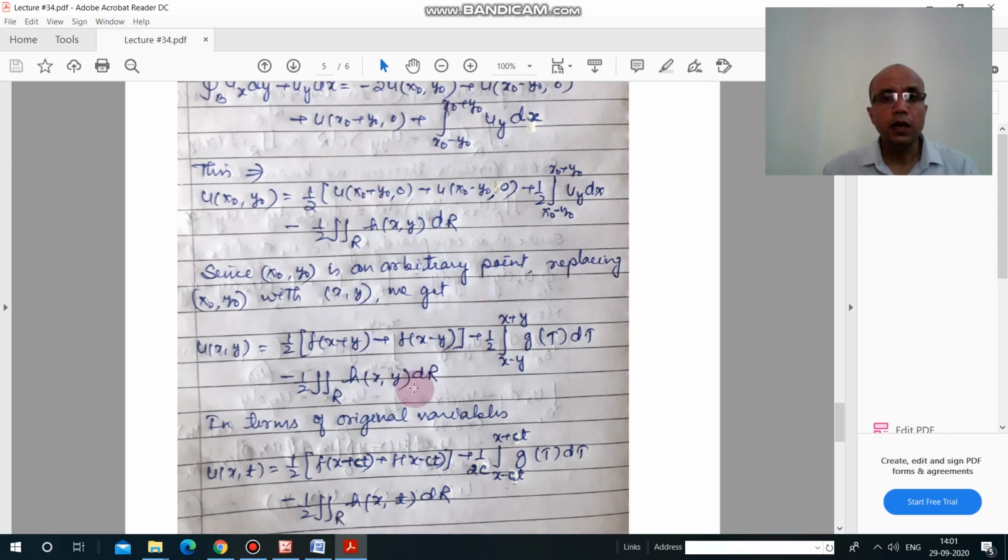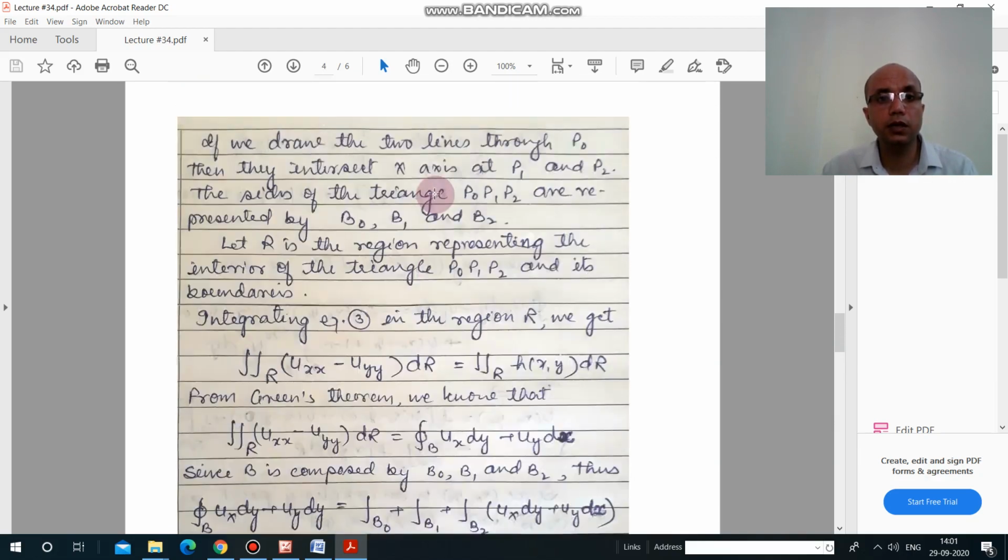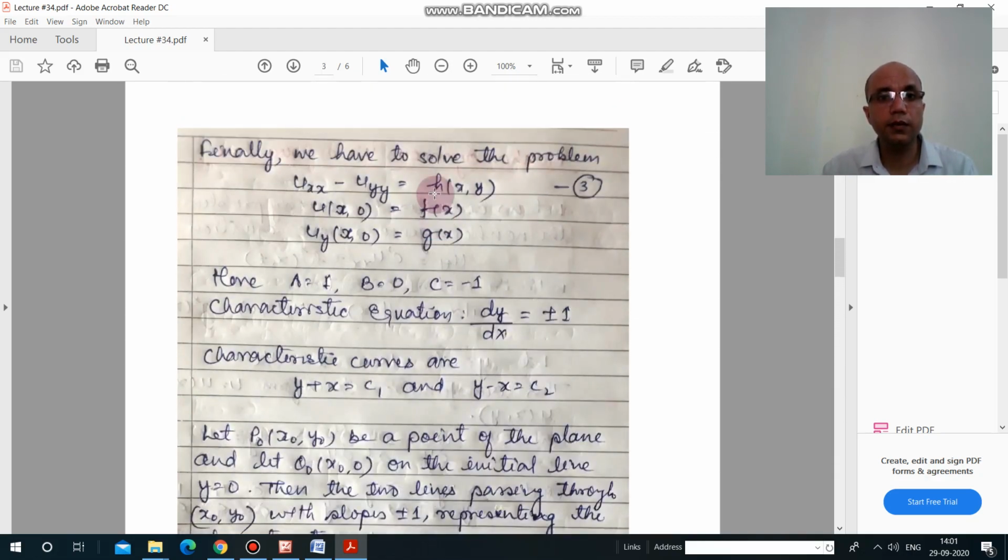Now look at one thing. Here I have written f in place of u(x0, y0, 0), because of the initial conditions. The initial condition is given as u(x,0) equal to f(x), and uy(x,0) equal to g(x).